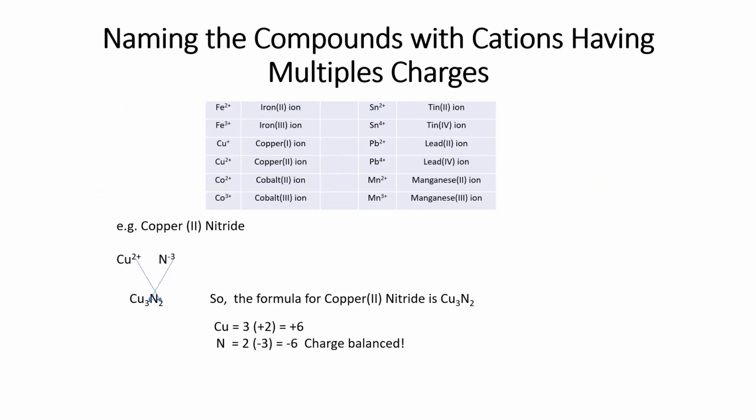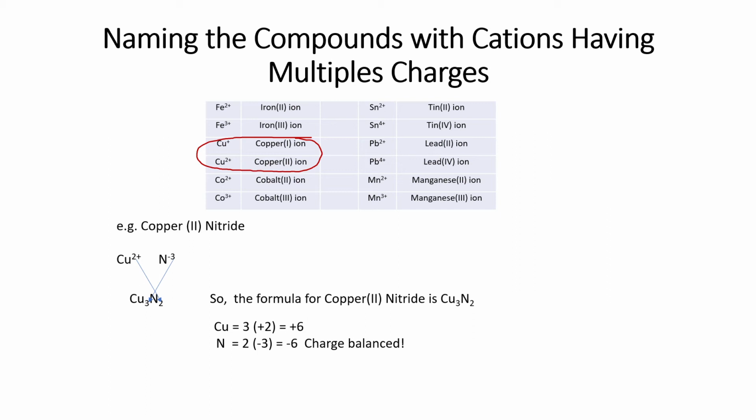Some of the compounds will be formed by cations having multiple charges. Let's look at one example, copper. Copper has a +1 charge and a +2 charge, so copper has the variable charges +1 and +2.